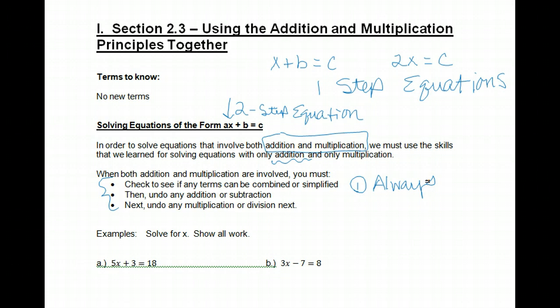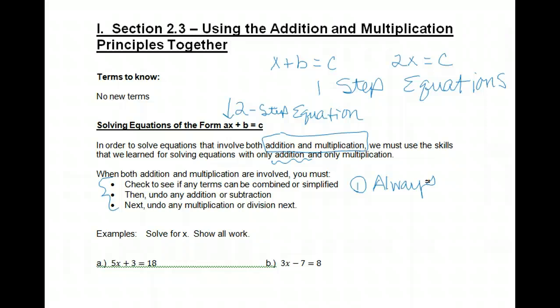I don't care if it involves parentheses. I don't care if it has fractions. I don't care if it's a one-step, a two-step, a multi-step. You will always check to see if terms can be combined or simplified, because if you can automatically reduce your equation down to fewer terms, then your equation is going to be easier to solve.